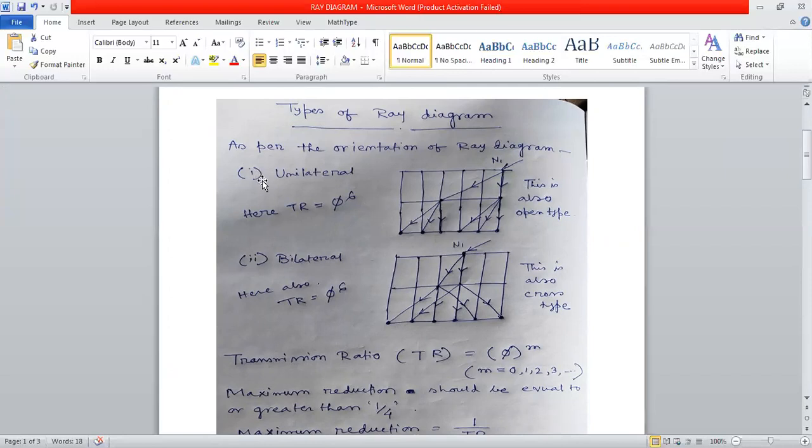In the case of point 1, you can see that the ray diagram is unilateral, that is in one direction. First, the speed is divided into two portions, and then one speed is divided into three portions.